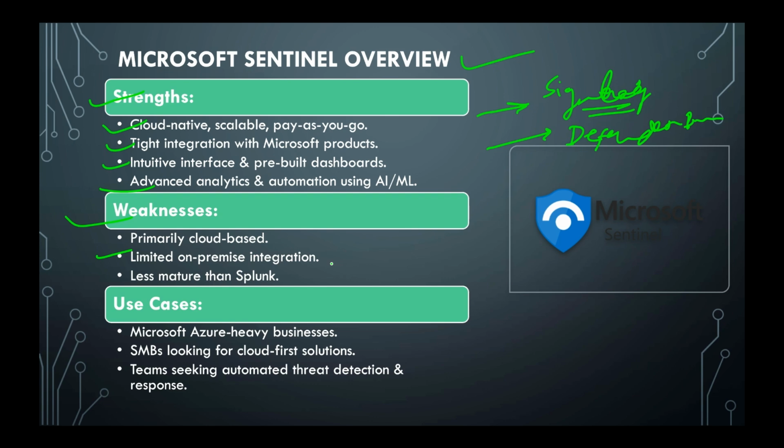Though it works with Azure based systems, Sentinel integration with non Microsoft or on premises environments can sometimes be more limited compared to Splunk, and it is less mature. While Microsoft Sentinel is getting better every year, it's still newer compared to more established players like Splunk, which means it might lack some of the deep customizations that other tools offer.